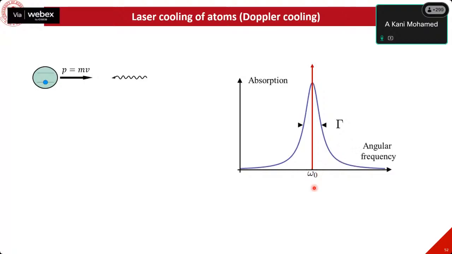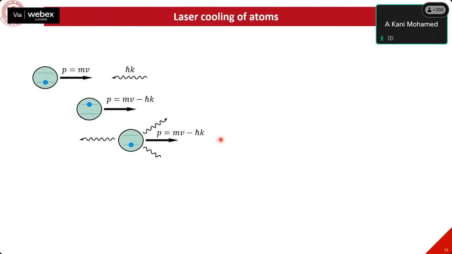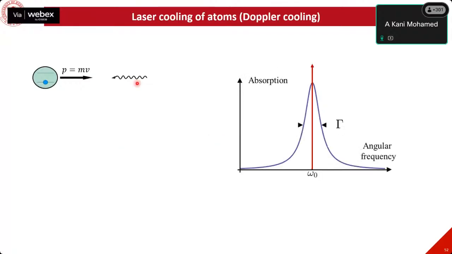An atom has a resonance frequency omega naught, which is the frequency difference between the ground and excited state. The maximum amount of absorption happens at this frequency. So in the previous case, if we send light at this frequency, the atom will absorb more photons and eventually it gets cooled down.